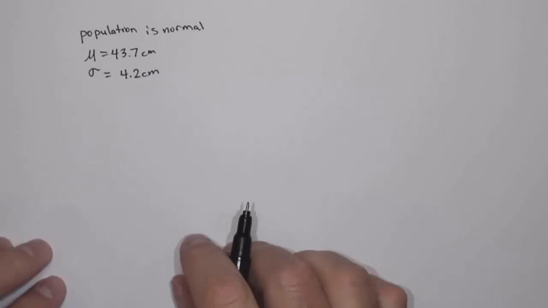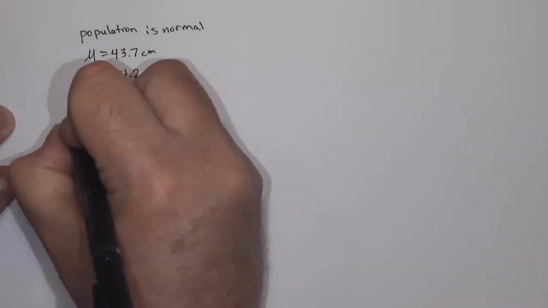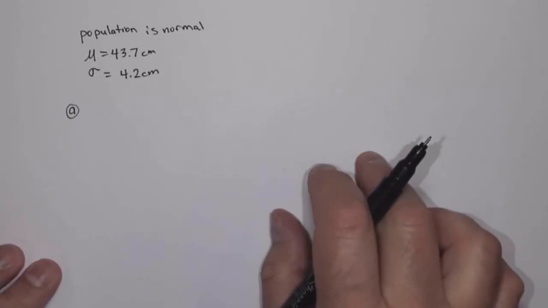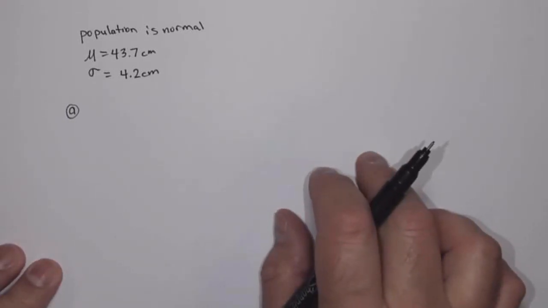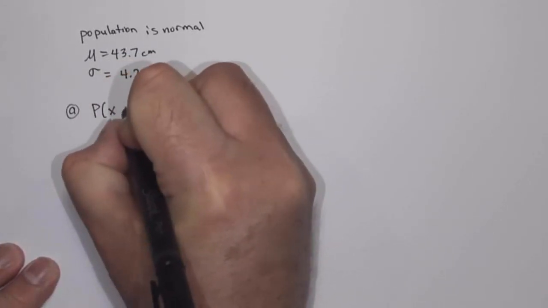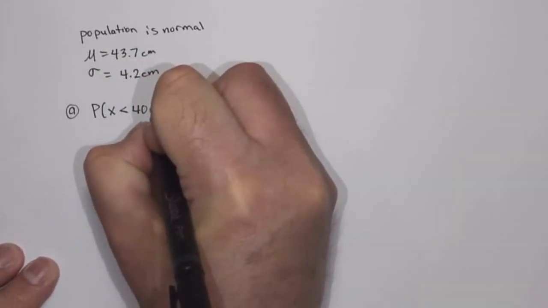So in part A, we're asked if we pick one guy, what's the probability that his upper leg length is less than 40 centimeters? So we're being asked, what's the probability that X is less than 40 centimeters?